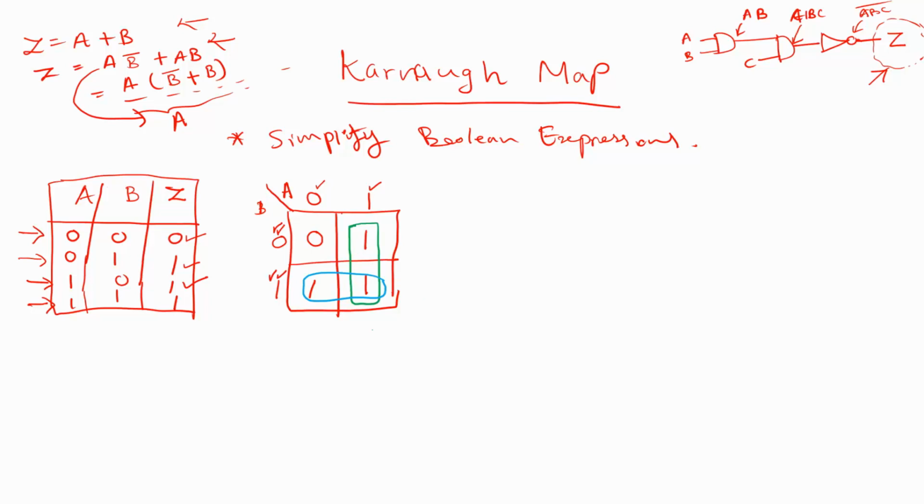Right. So here we have the truth table. This is the truth table. And this is the Karnaugh map. And finally, we are going to generate a Boolean expression.